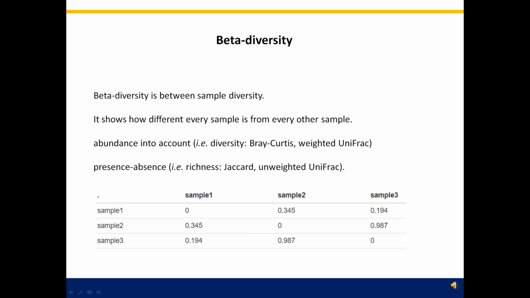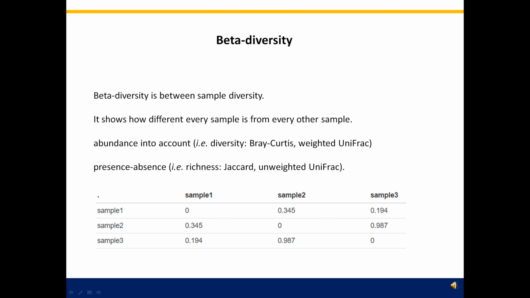So next, coming to beta diversity. Beta diversity is the diversity between samples. Here it shows how different every sample is from every other sample. In general, beta diversity analyses are completely made up of numbers.